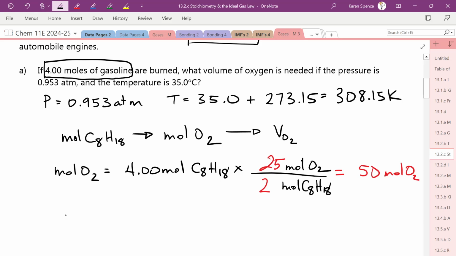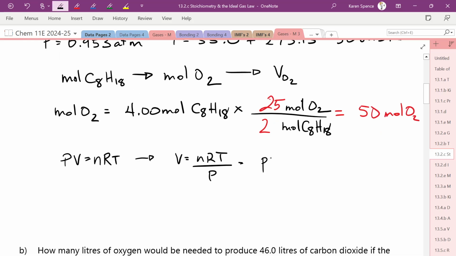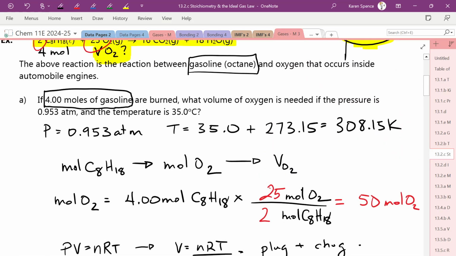We would use the ideal gas law, PV equals nRT, and we are looking for V, so we're going to solve for V. V is equal to nRT over P. Do we need to do this, or do you want to just plug and chug? Plug and chug. You should end up with how many sig figs? 3 sig figs.